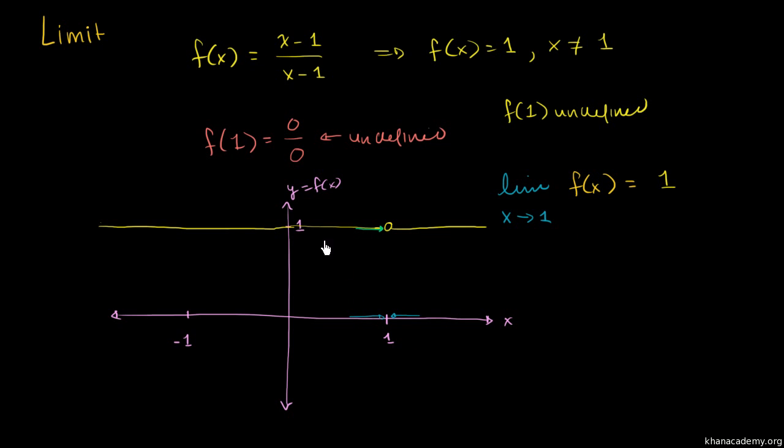Let me do another example where we're dealing with a curve, just so that you have the general idea. So let's say that I have the function, and for the sake of variety, let me call it g of x.